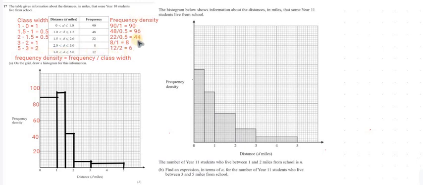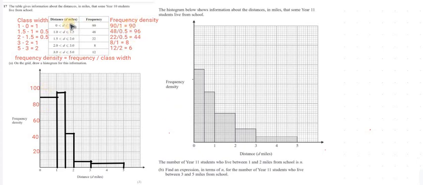That's the frequency density. And then you apply a scale. There was no scale here, so you apply a decent scale. The highest value you have for frequency density is 96, so it's reasonable to have your highest value as greater than 96. So I took 100, so went 20, 40, 60, 80, 100, so a consistent scale.